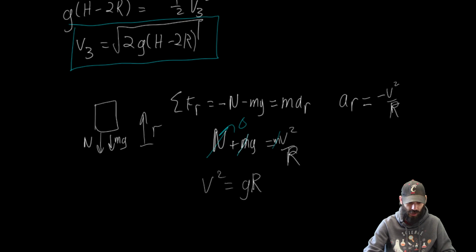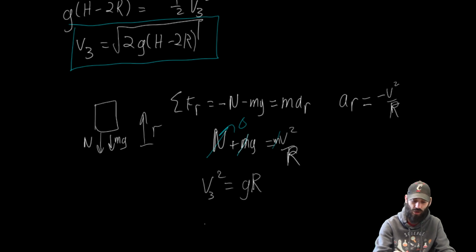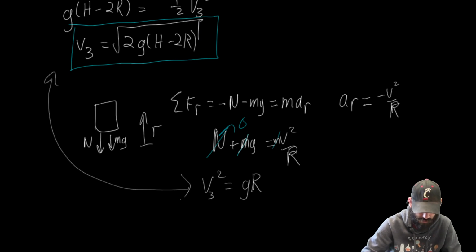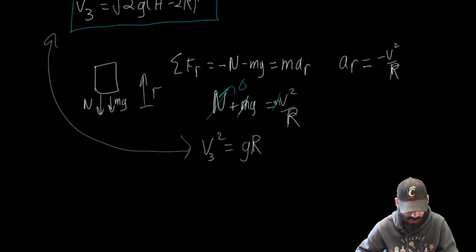Okay. So now, this is v3, right? So v3 squared is going to be gR, or v3 is going to be equal to the square root of gR. And so we can use that in conjunction with this up here to form our condition for when this just barely makes it around the track.